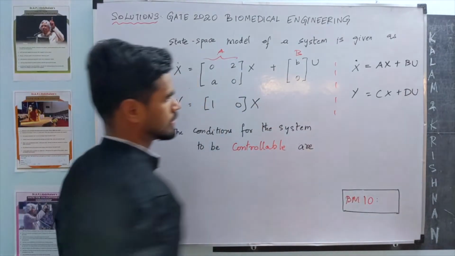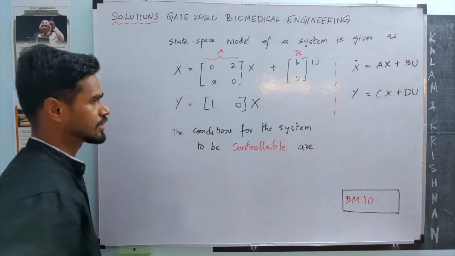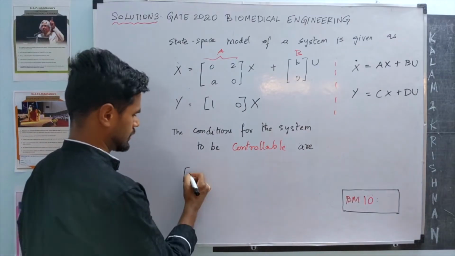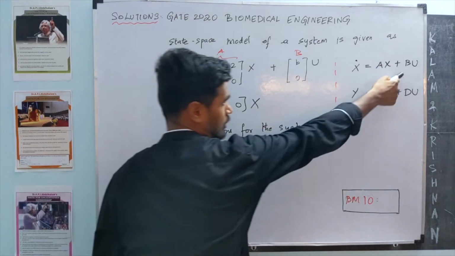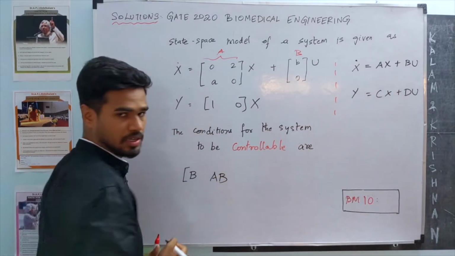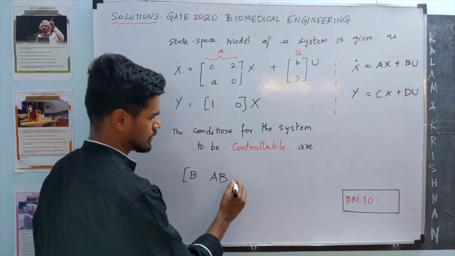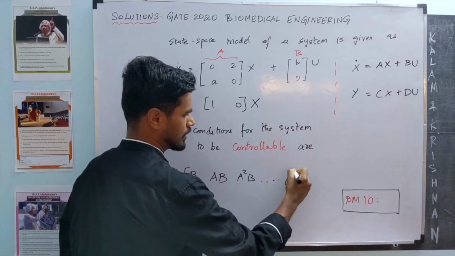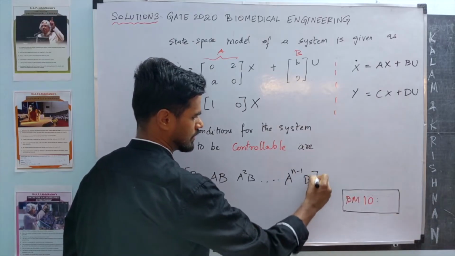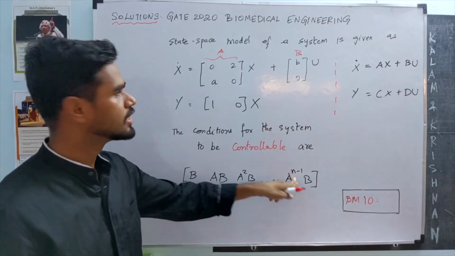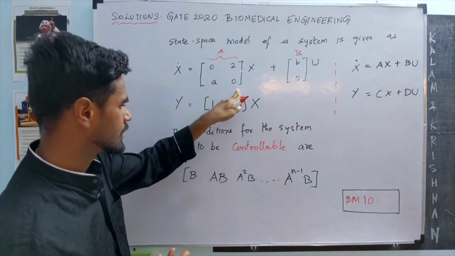Given this, the controllability matrix is defined as B corresponding to the standard form, A times B, A squared B, till A to the power n minus 1 times B, where n is the dimension of the state, right?